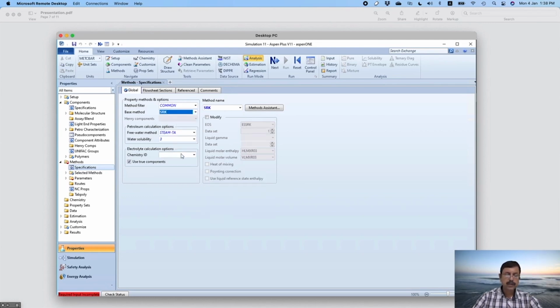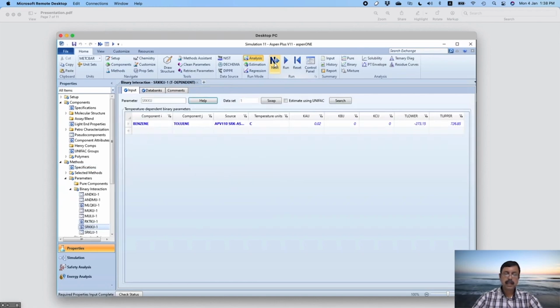For that, we have to use a free water method, STEAM-NBS. That's the norm. If you don't use it, it will not go forward. You can check the help file regarding the SRK model and the petroleum calculation options, that is, the free water method. Press next. Use estimate using UNIFAC and run.